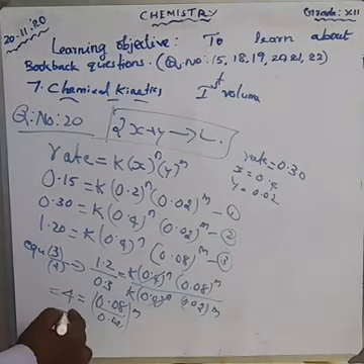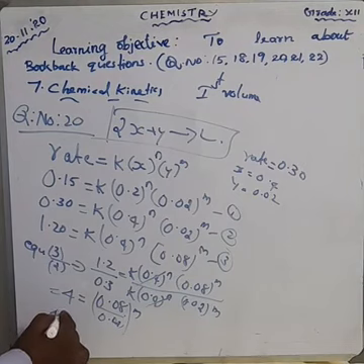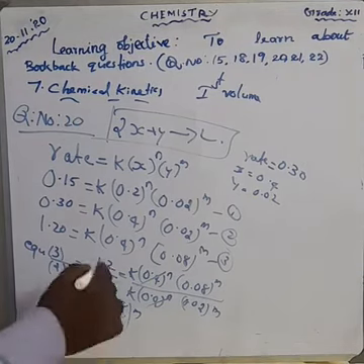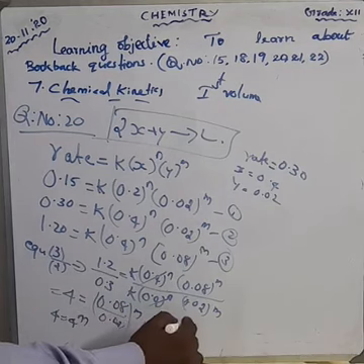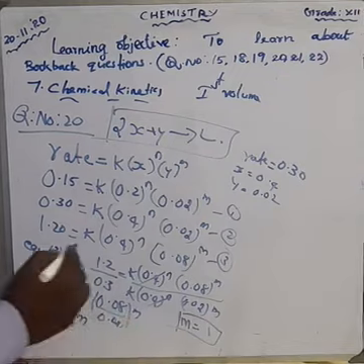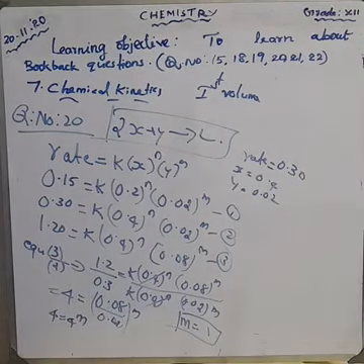So this we can write as 4 is equal to 4 to the m. So what is the m? M is equal to 1. M is equal to 1. Can you write?